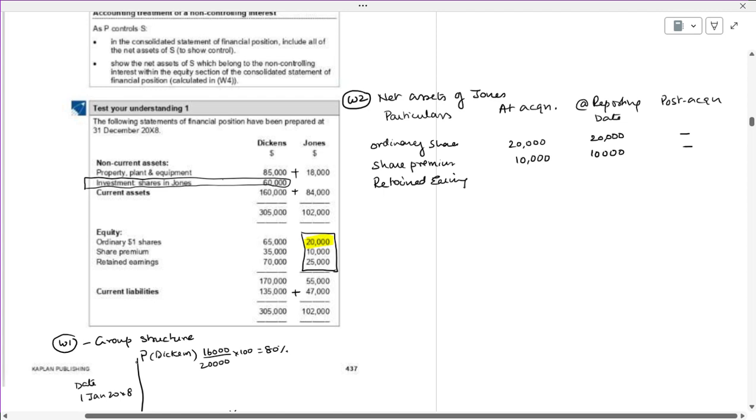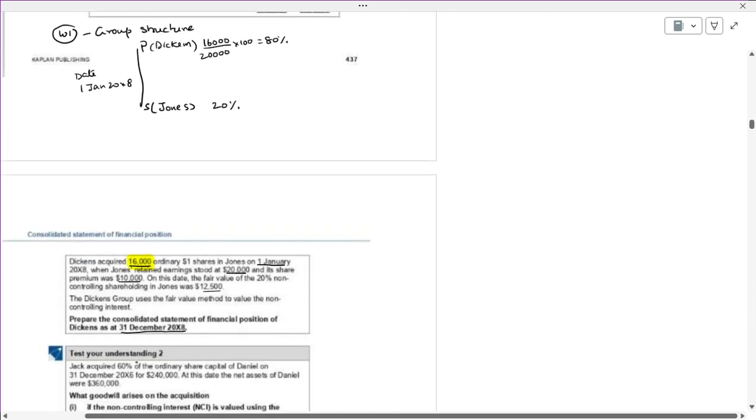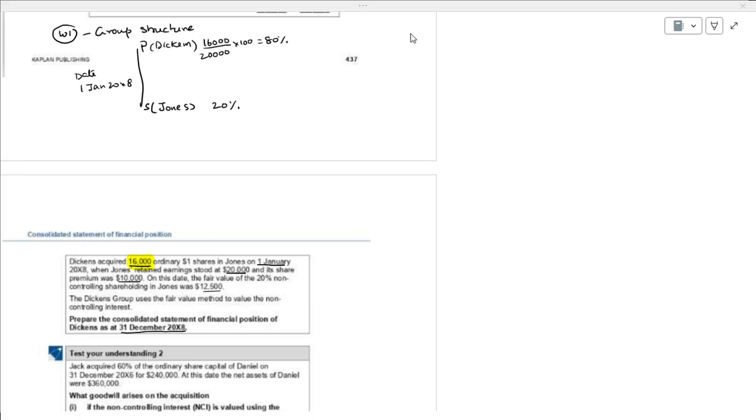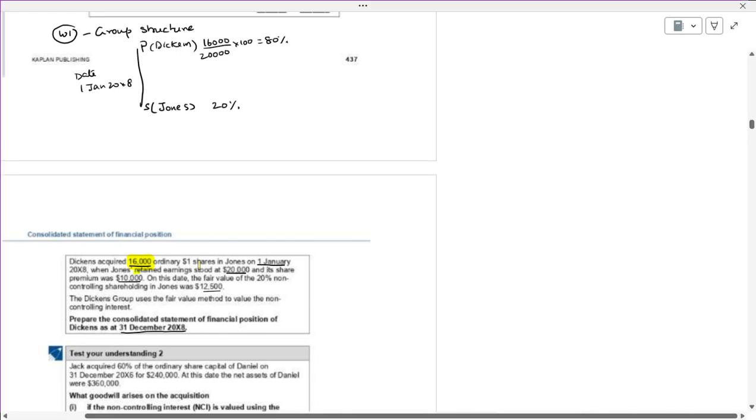How much are retained earnings? See, it has been mentioned here. When Dickon acquired 16,000 shares of Jones on January 1st, how much were Jones's retained earnings?